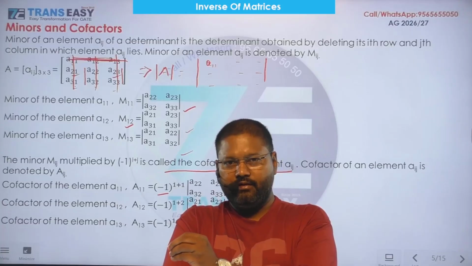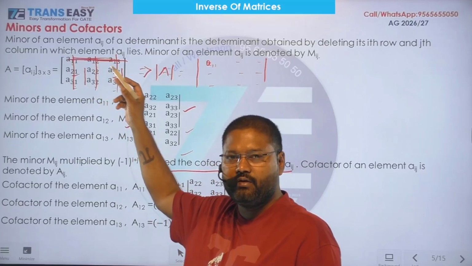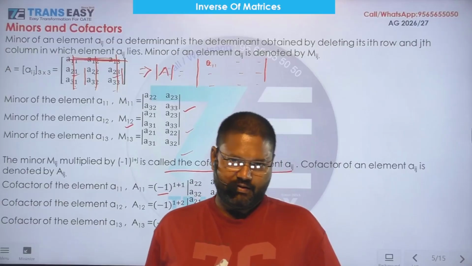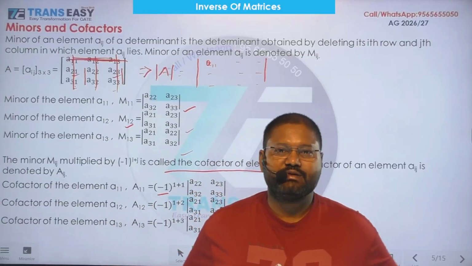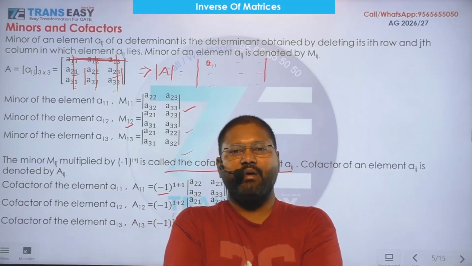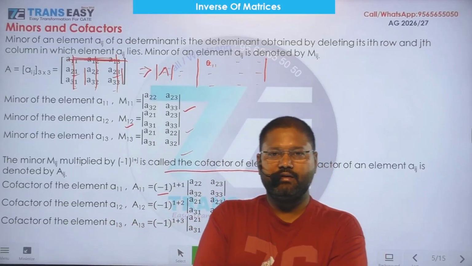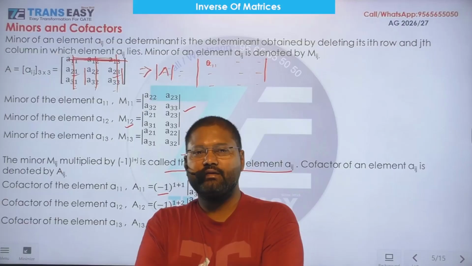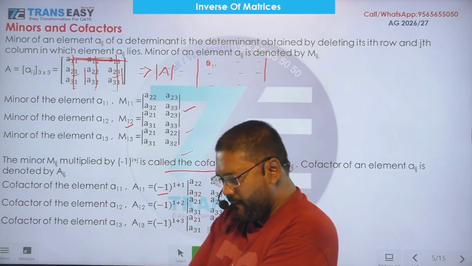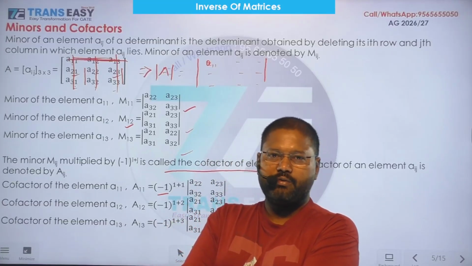And if we replace these elements by cofactors, the resulting matrix is called the cofactor matrix, and its transpose is the adjoint of the matrix A, adjoint of A, right? So the cofactor matrix is important to know the inverse of that matrix.